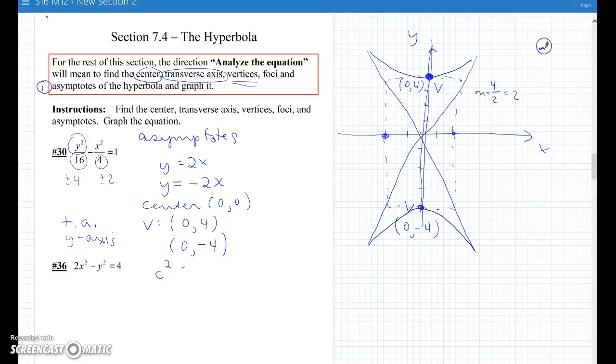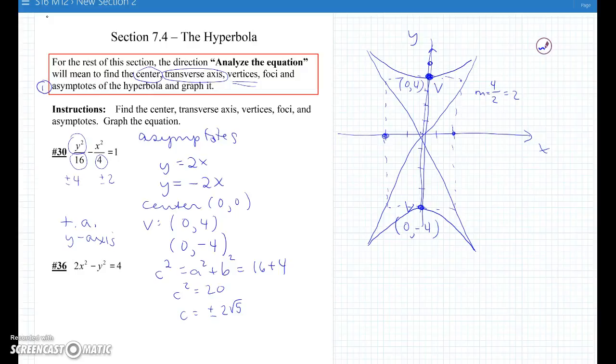Well, little c squared is going to be the sum of the denominators. So I don't care which one's called A and which one's called B. Little c squared is the sum of the denominators. So c squared equals 20, and c equals plus or minus 2 root 5. So that's going to be between 4 and 5, and we can see which direction we need to go because the focus has to be on the transverse axis.